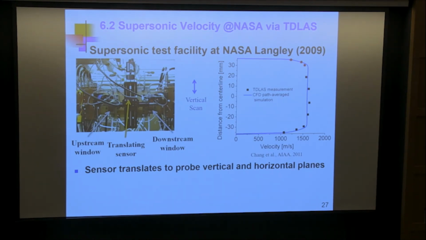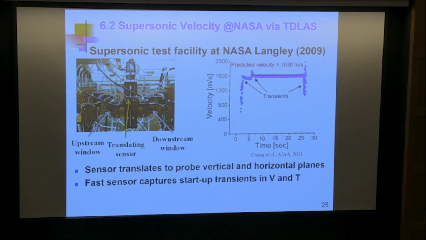And we got really good agreement. Lei and Chang was the name of the student. I guess it's 11 years ago. But we also could measure transients. They did not know how to measure transients. So they had a sophisticated CFD to run this tunnel, but they couldn't measure the transients. But basically we found good agreement after the transients.